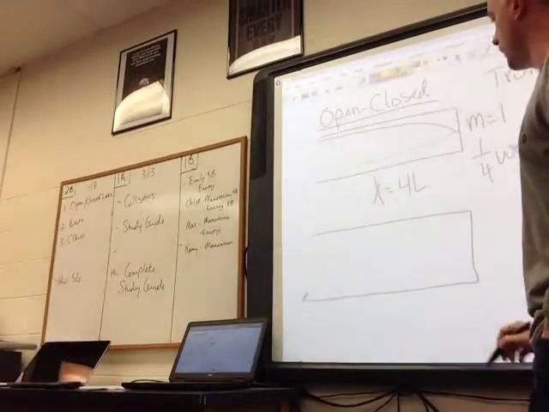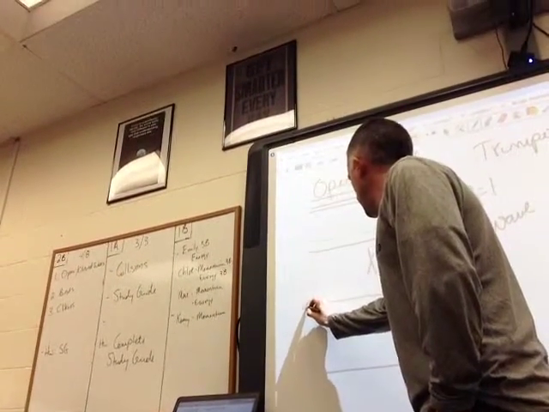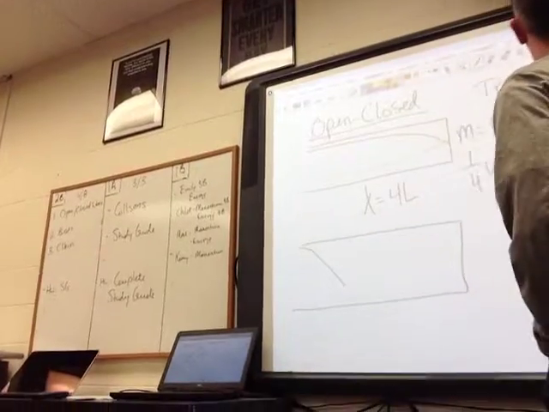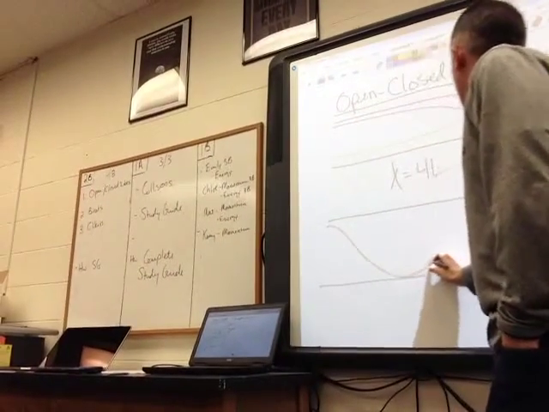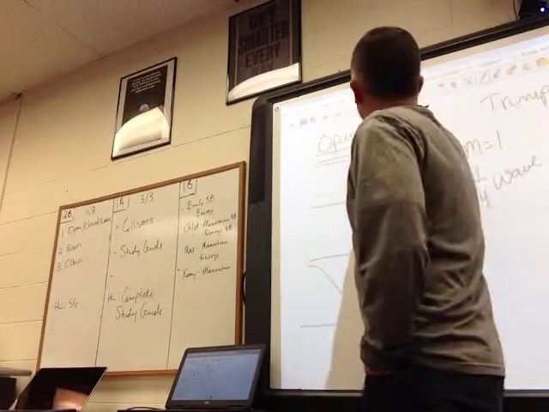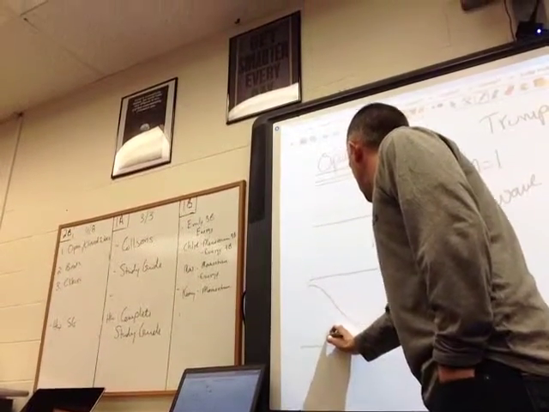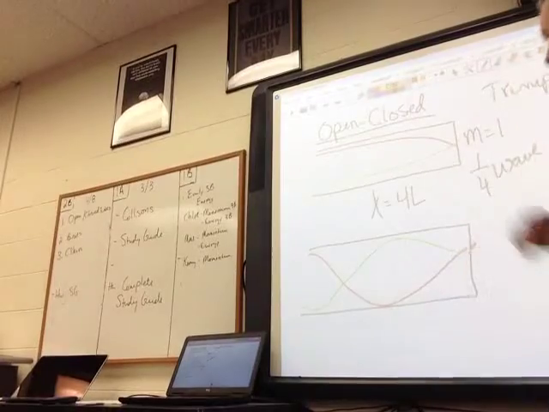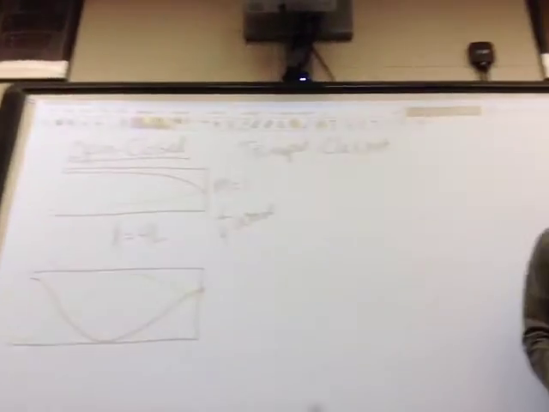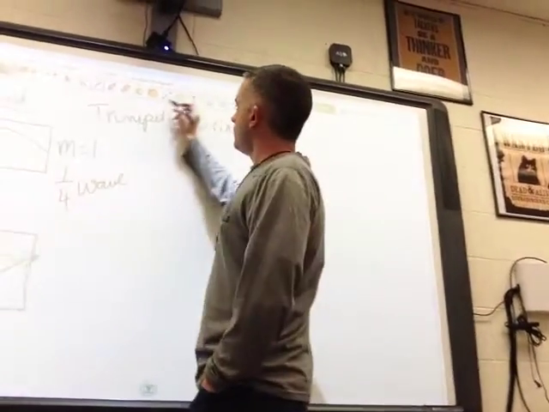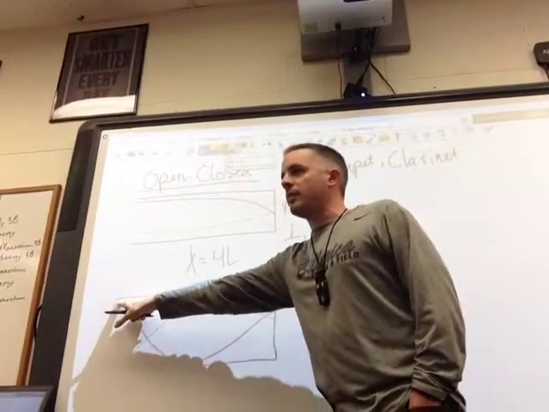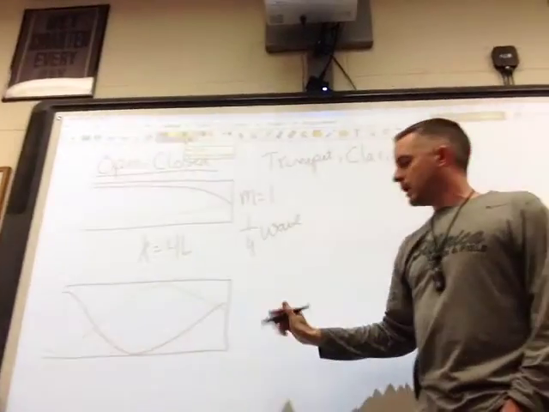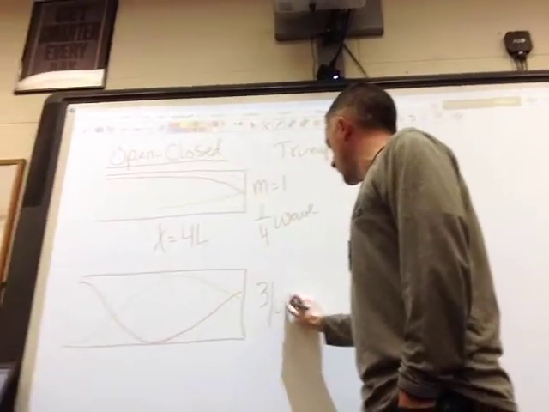If we do the next one, we would start here. It would come down, and we'd have something like that. How much is that one? That's 3/4 of a wave, because you've got half of a peak and then a full peak. So this would be 3/4 of a wave.